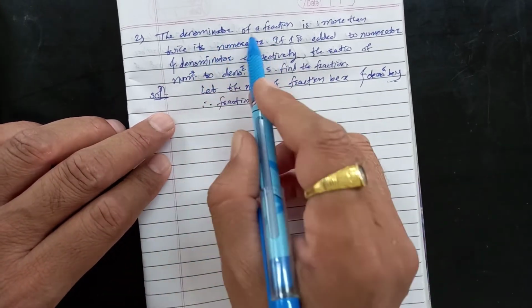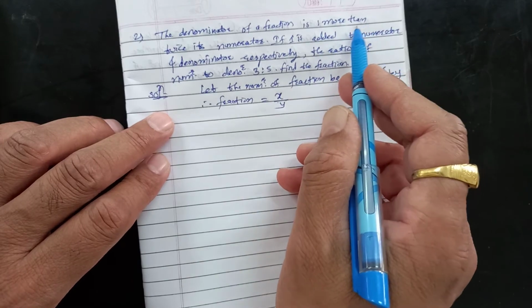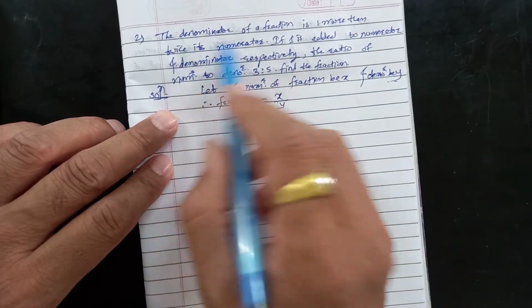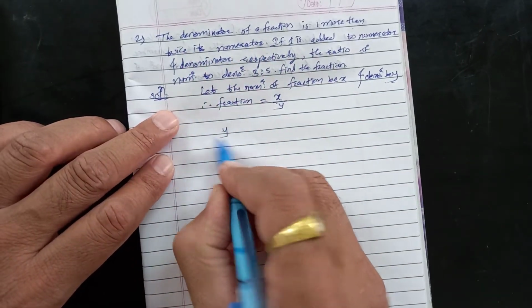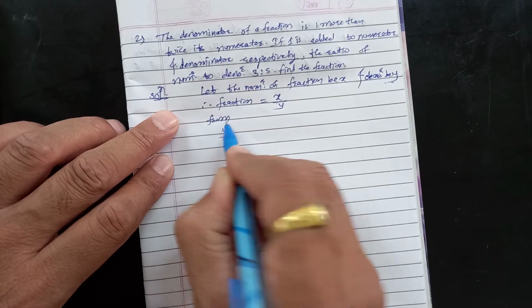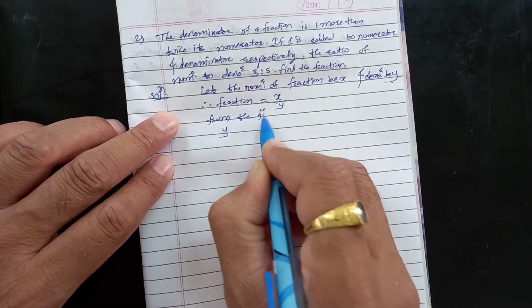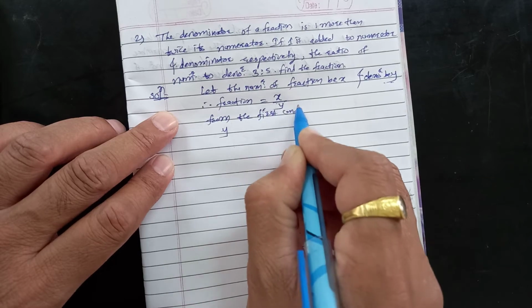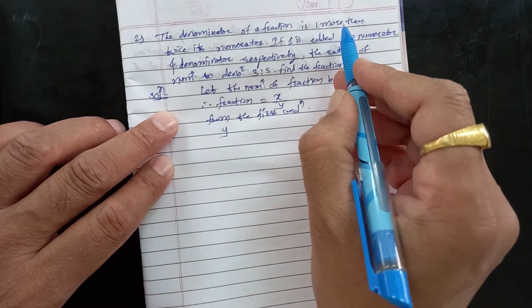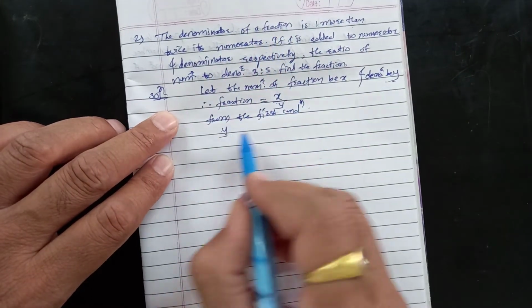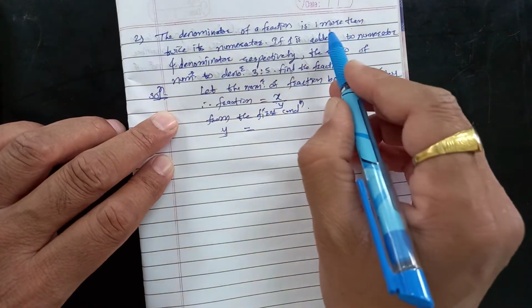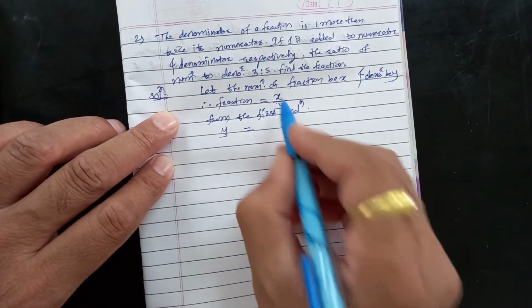So now, the denominator of the fraction is 1 more than twice the numerator. What is the denominator? y. Suppose from the first condition, see here: the denominator of the fraction is 1 more than twice the numerator.